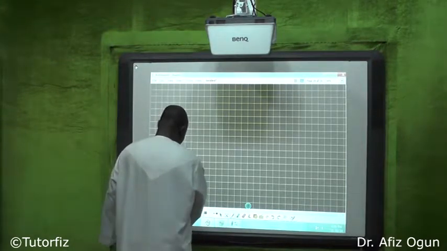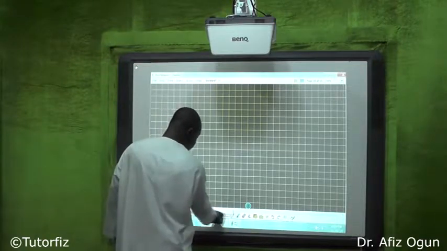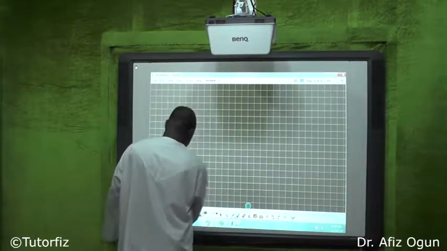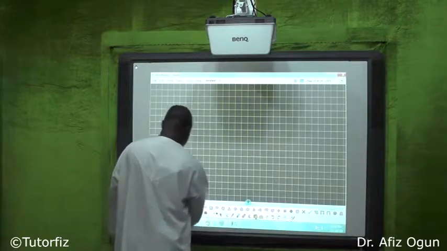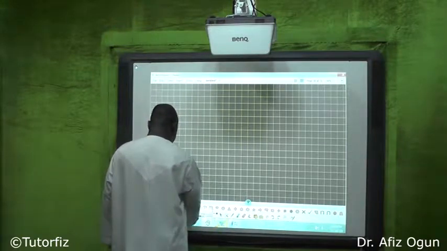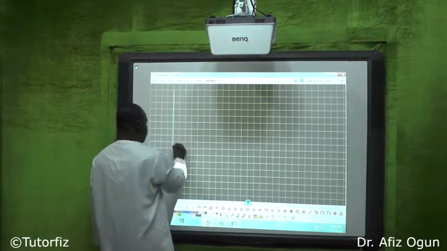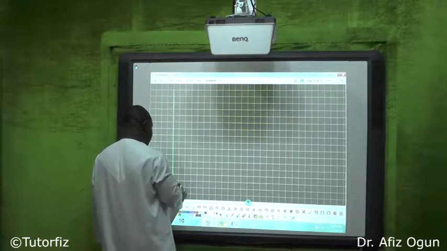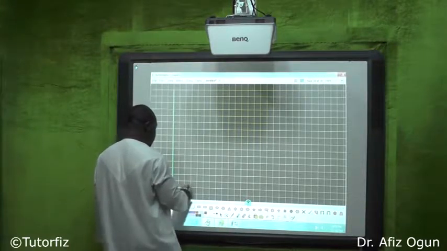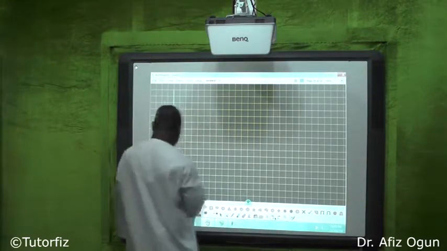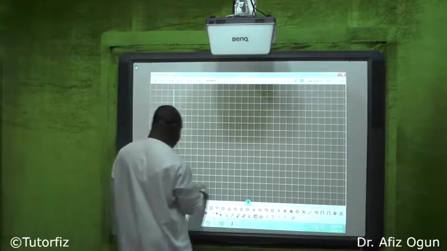Let's look at this graph. Distance on vertical axis and time on horizontal axis.